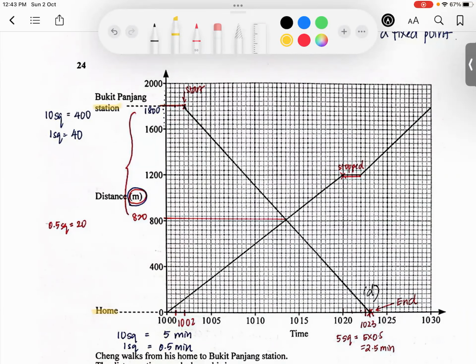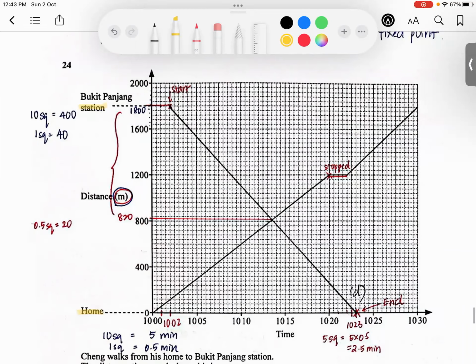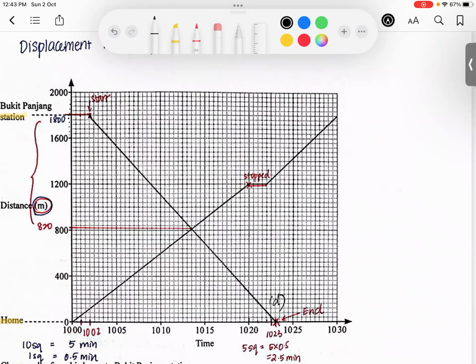For a distance time graph or displacement time graph, there are a few things that you need to take note. Number one, the normal distance time graph is always increasing. But for a displacement time graph from a fixed point, the distance can increase or decrease, because it can be further or nearer to the fixed location.